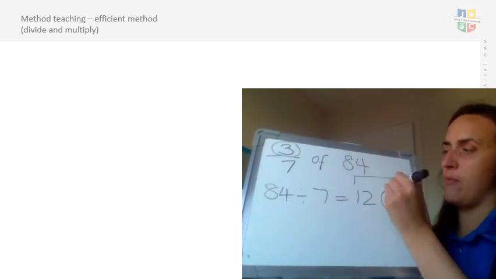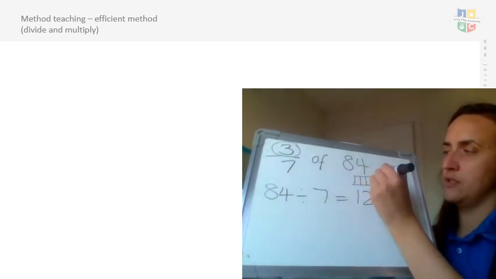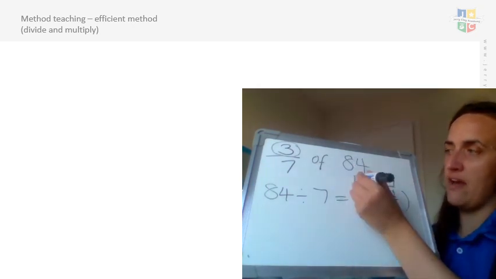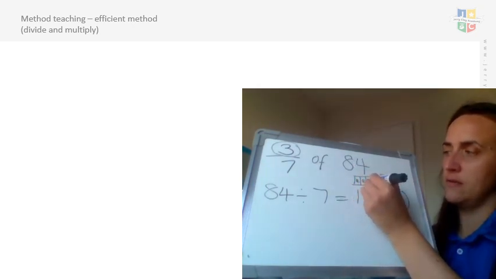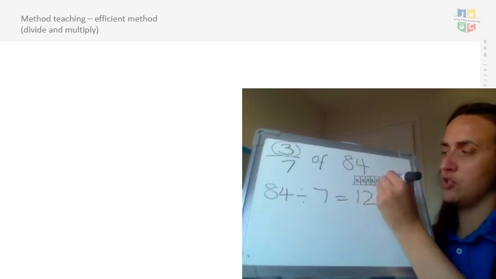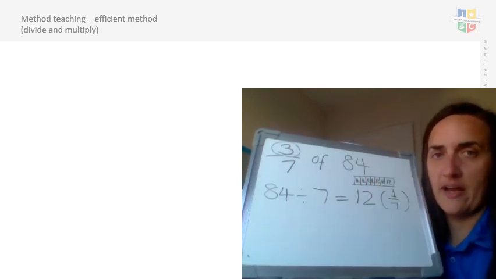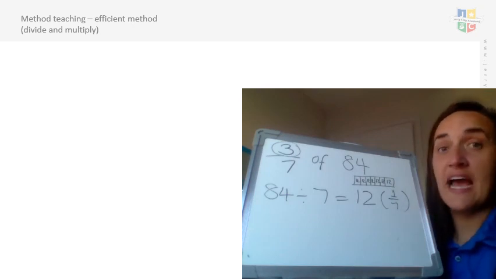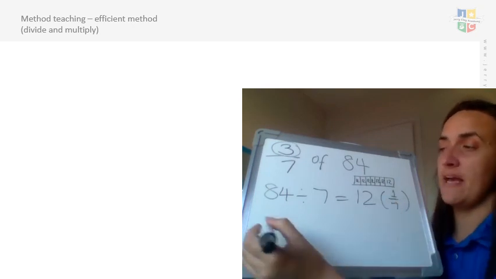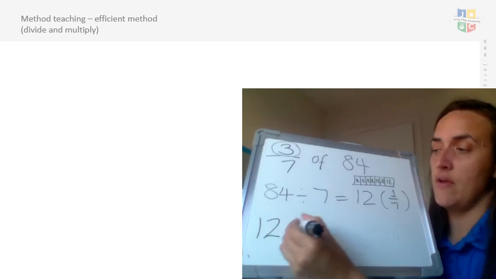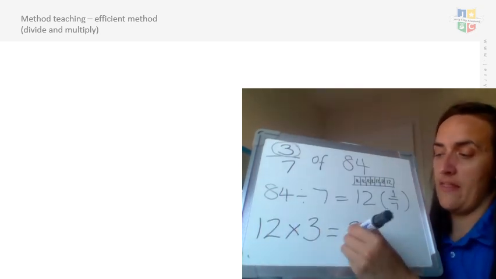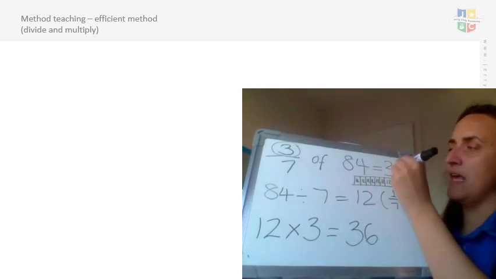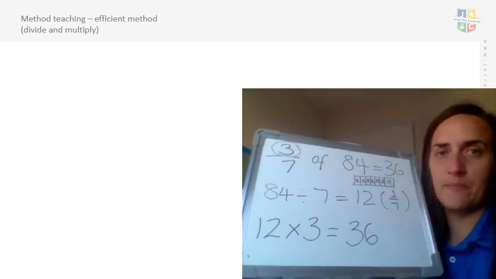Remember, if I'd drawn a bar model to represent this, each of these 7ths would have a 12 in it. And it's absolutely fine for you to draw that to help you to check what you're doing. To work out 3/7, I need to multiply my 1/7, 12, by 3. And that gives me 36. So 3/7 of 84 equals 36.